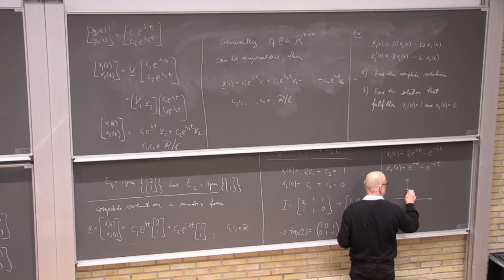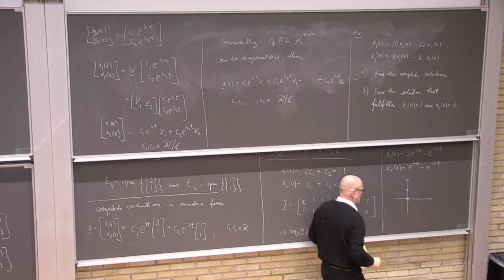So x1 will go through this point, and also this one will be 1 minus 1 at 0, so it goes through this one.